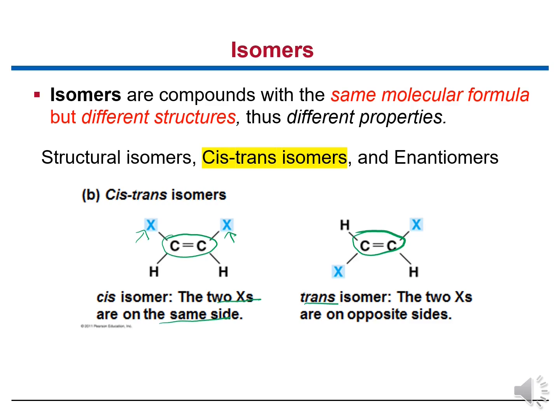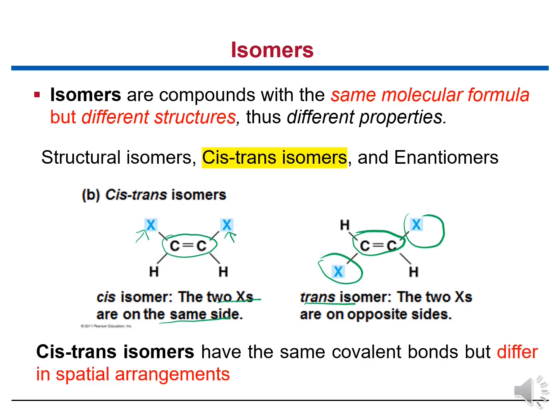However, in the trans, you're going to have the two X on opposite sides. As a result, the cis and trans isomers have the same covalent bonds. Look, the same one, but they differ in the spatial arrangement. While these are on one side, the two X here are on opposite sides.